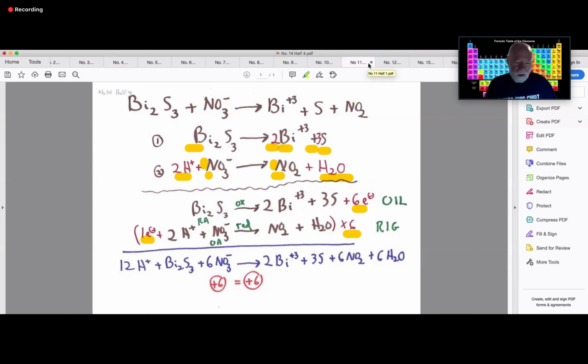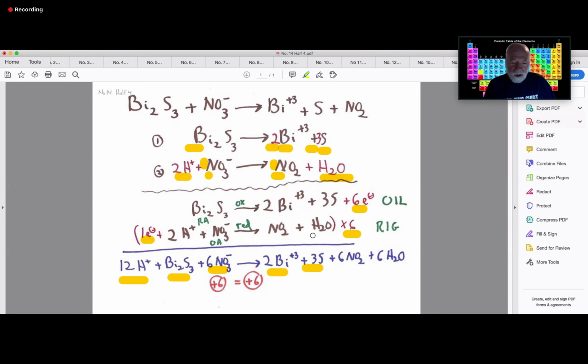Now check out the final answer with me. Okay, so we're going to have 6 times 2, 12 hydrogen ions, 1 Bi2S3. Okay, 6 times nitrate is going to give us 6 nitrates. On the right hand side, we have 2 bismuths, 3 sulfurs.